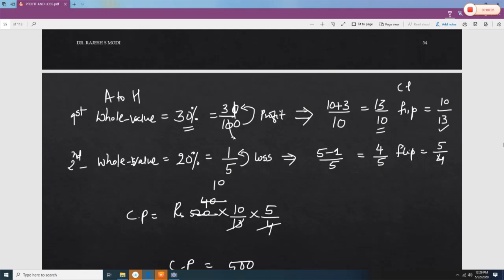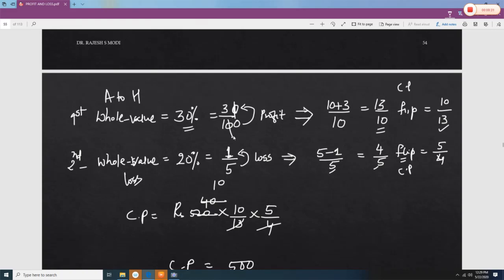Second, 20% loss means 1 over 5. Loss means you have to subtract, so 5 minus 1, that is 4, and 5 will remain 5, and you have to flip because you have to find out the CP. So it becomes 5 over 4.